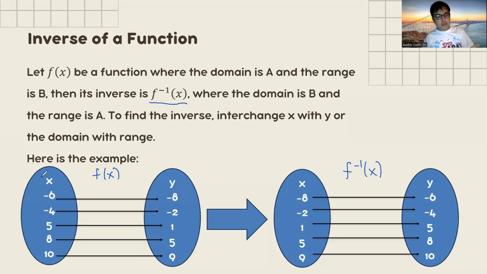Here in this example, the values of x of f of x are now the values of y for the inverse of f of x, while the values of y for f of x are now values of x for the inverse of f of x. So, bale, binaliktaran lang sila in terms of positioning.